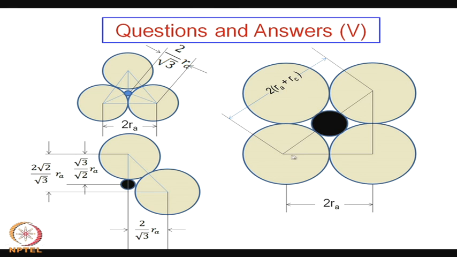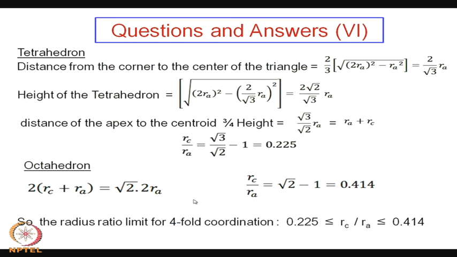This distance 2 RA plus RC is this distance. So 2 RC by RA equal to root 2 into 2 RA, and that gives rise to RC by RA is root 2 minus 1, 0.414.